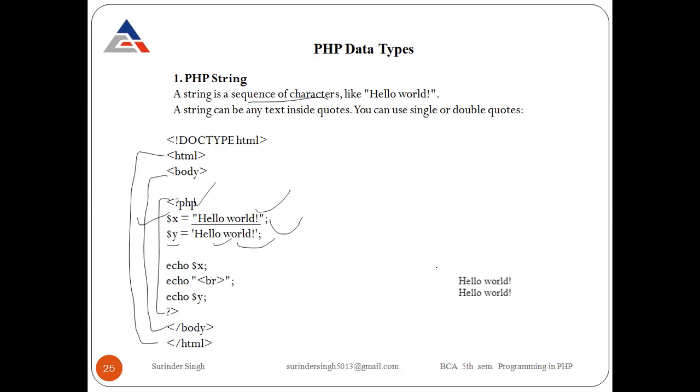Here you can see the output of this file. Here we are printing x and here we are printing a line break for the next line. And here we are printing the y variable.